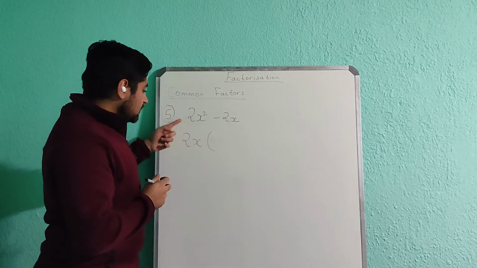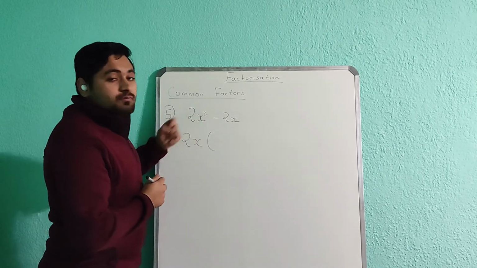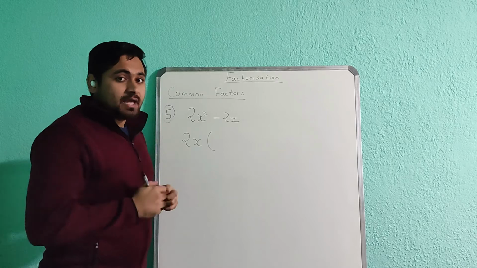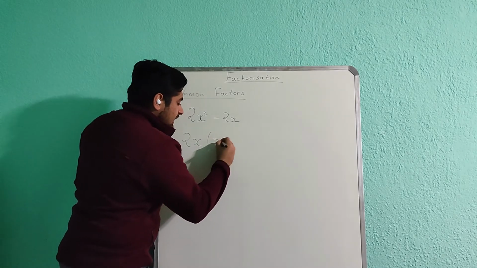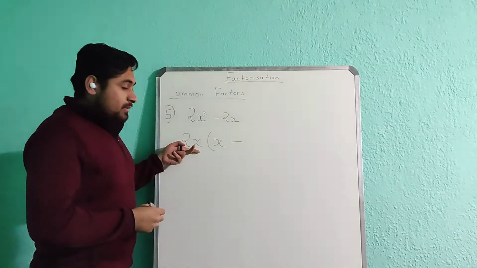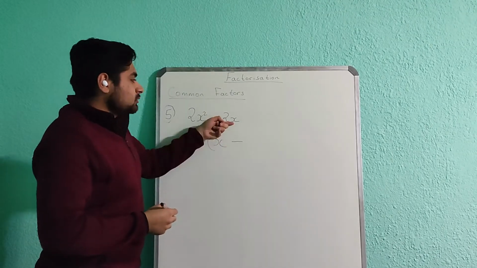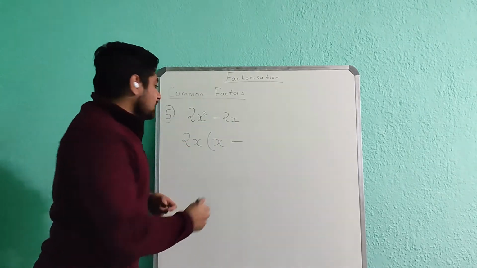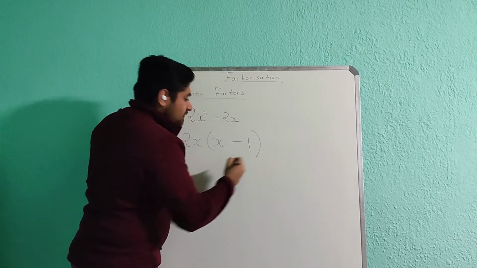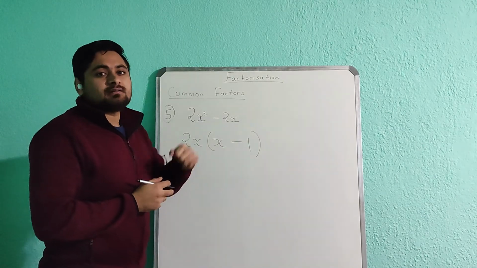So what are we missing? Okay, 2 is fine. But x, we have to the power 1, but here we have to the power 2. So it means there is one more x missing. So we write x. What is the sign? Minus. So we got 2x is our common factor. So we have 2x here. So what do we multiply 2x with to get 2x? 1, right? So the answer is 1. Therefore, our answer is 2x into the bracket x minus 1.